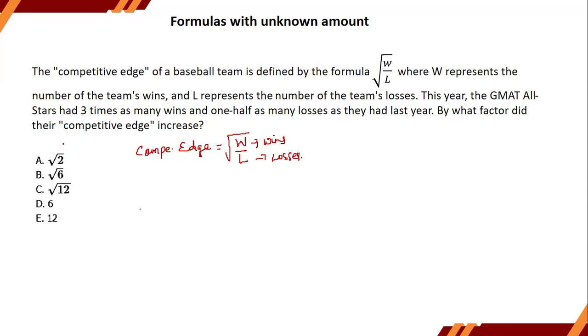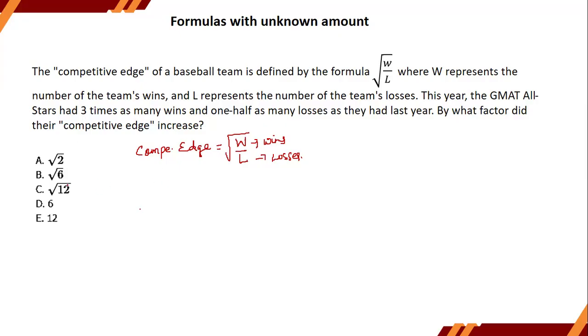Okay. Now, one thing we can observe here in this question, which is different from the previous question, is that we do not have any absolute values for the variables W, L, and competitive edge, right? So this question is under the category of formula question with unspecified amount, right?